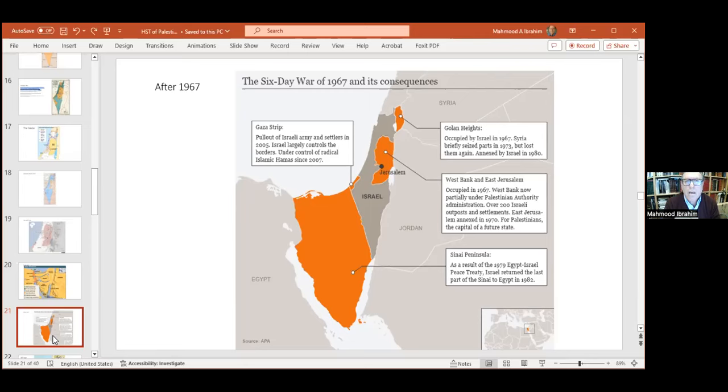And indeed, this stealthy strike destroyed the Air Force of Egypt and allowed the Israelis to have mastery of the air, and eventually, of course, that gave them the advantage on the ground. And very quickly, they moved into the Sinai Peninsula and took it over.